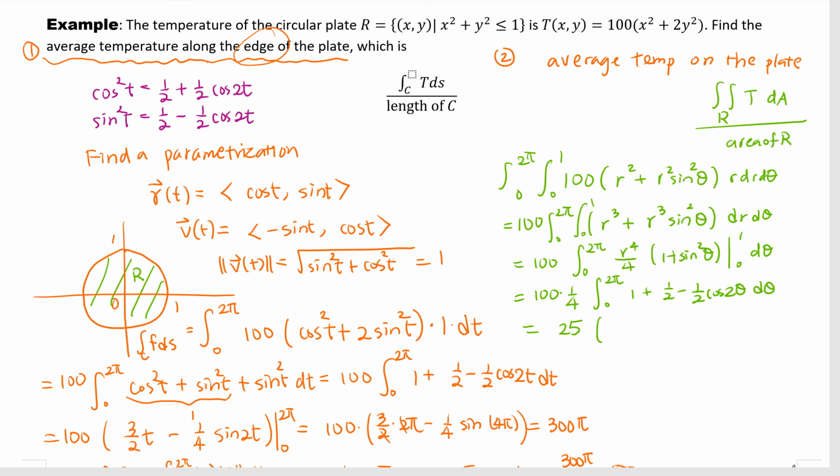And then integral of 1 plus 1/2 is 3/2 theta, and then we have 1 over 4 sine 2 theta, evaluated from 0 to 2 pi. So we get 3 over 2 theta, where theta is 2 pi. But when we plug in 0, it's gone. And sine of 4 pi is 0, sine 0 is 0. So the answer here is 75 pi.